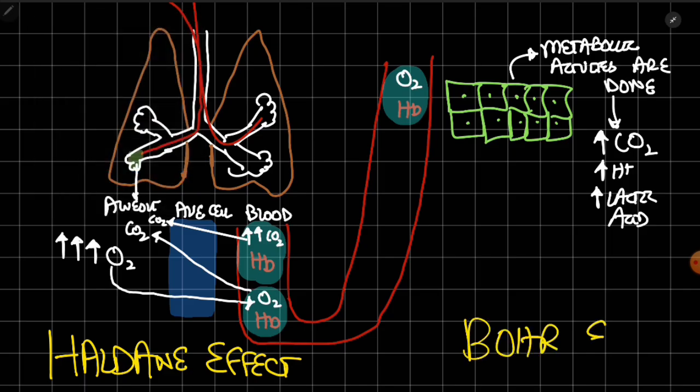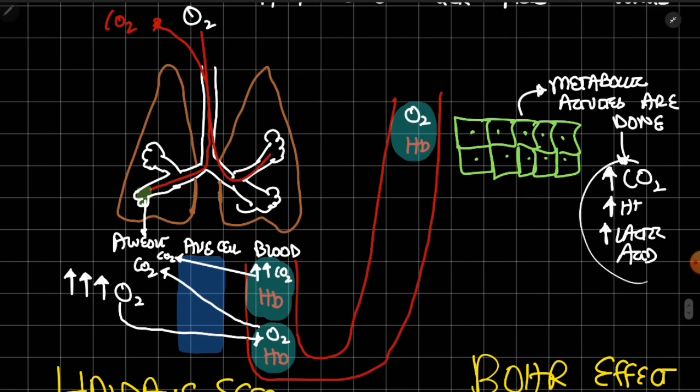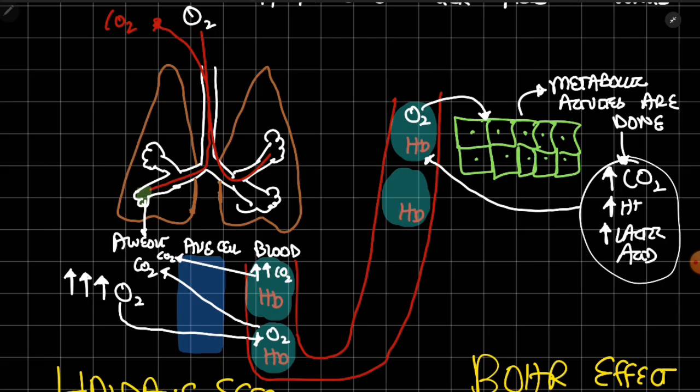The Bohr effect. So what happens is these conditions will cause this O2 to be released in these cells, and the cells will act metabolically. Since the O2 is released, this Hb cell is empty.